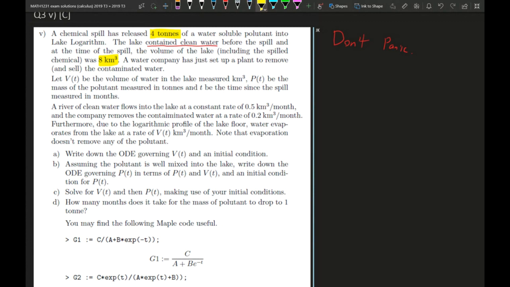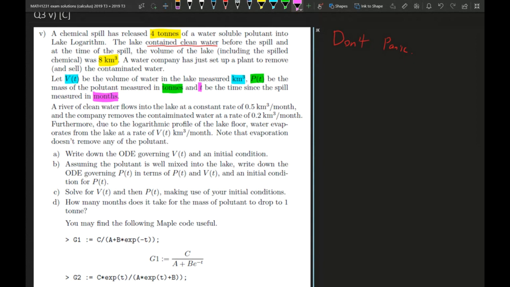Now, let's see. We've defined some notation for you. So V(t) is the volume of water measured in kilometers cubed. We have P(t), which is the total mass of pollutant measured in tons. And t is the time since the spill measured in months.